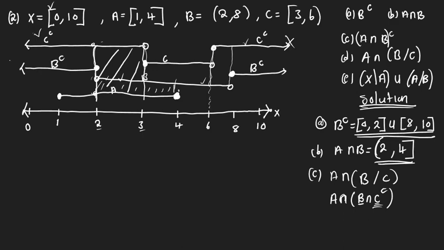Where are they meeting? Let's first of all check. 2 was part of set A, but it wasn't part of set B, but it is part of C complement. Since it is intersection, we are supposed to show that 2 must be in all the sets.